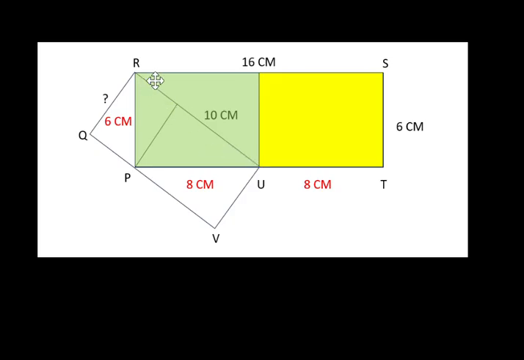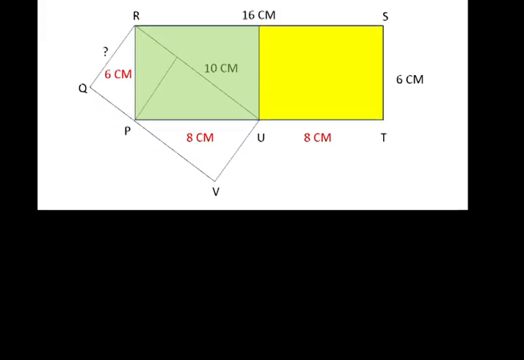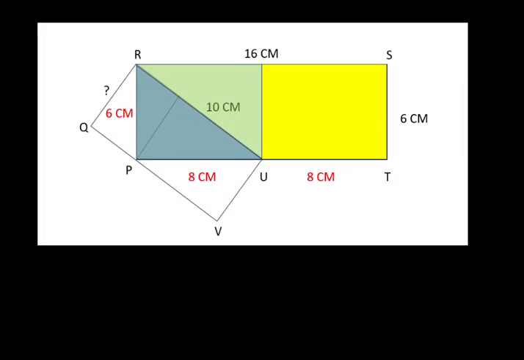RU is a diagonal of this rectangle, so I can safely say that this triangle PRU is the same as this green color triangle.